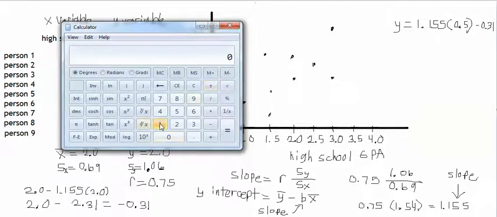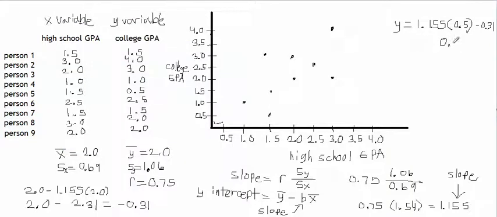Let's multiply this. We're multiplying and subtracting. We get 0.2675. So when x is 0.5, y is 0.2675.